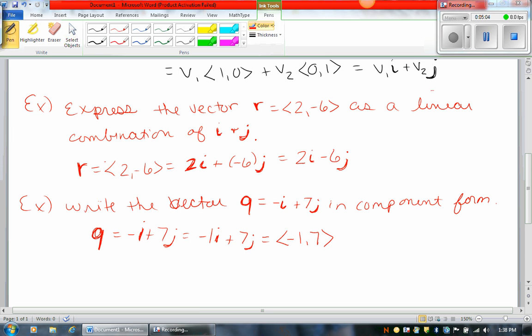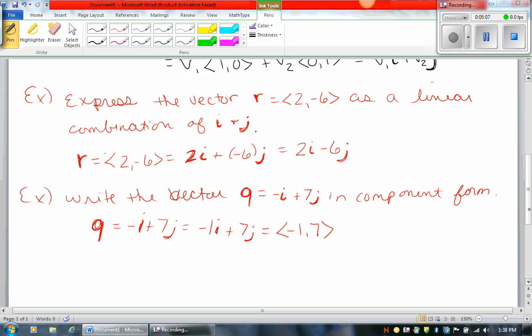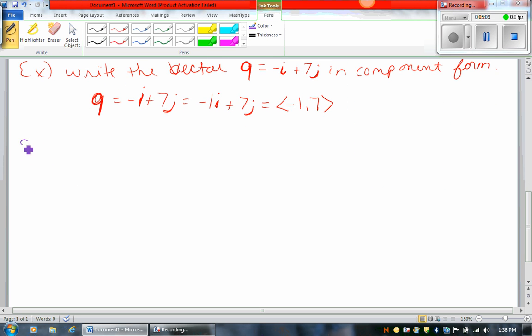Okay. Let's take a look at another example. If vector a is equal to 5i minus 2j, so vertical and horizontal components, right? And vector b is equal to negative i plus 8j. We want to find 3a minus b.